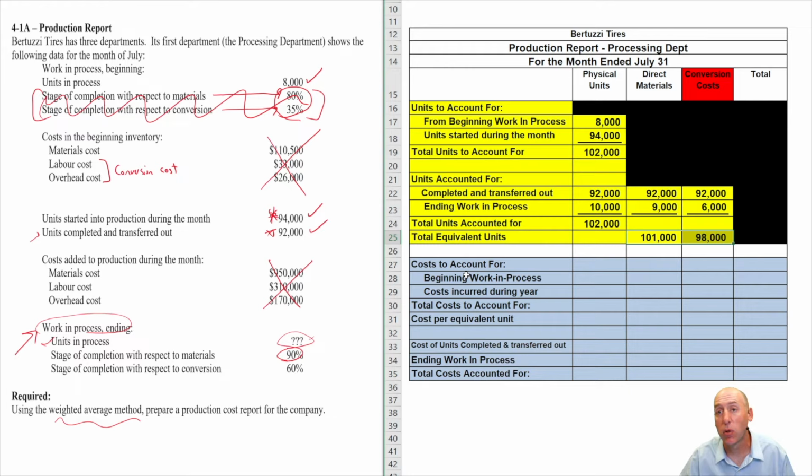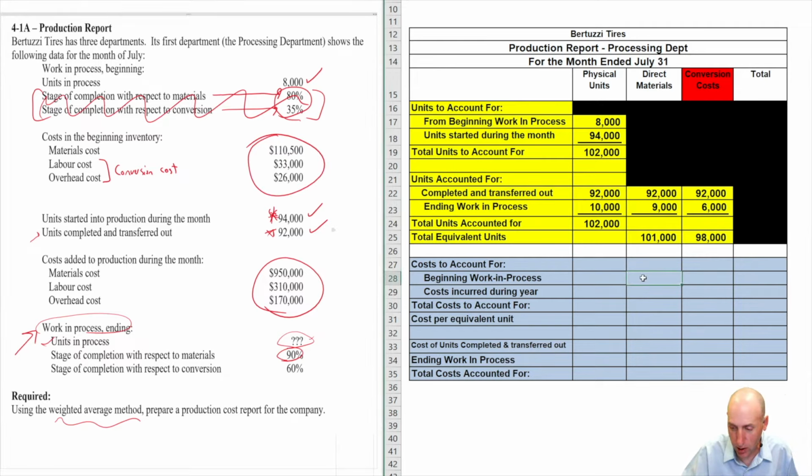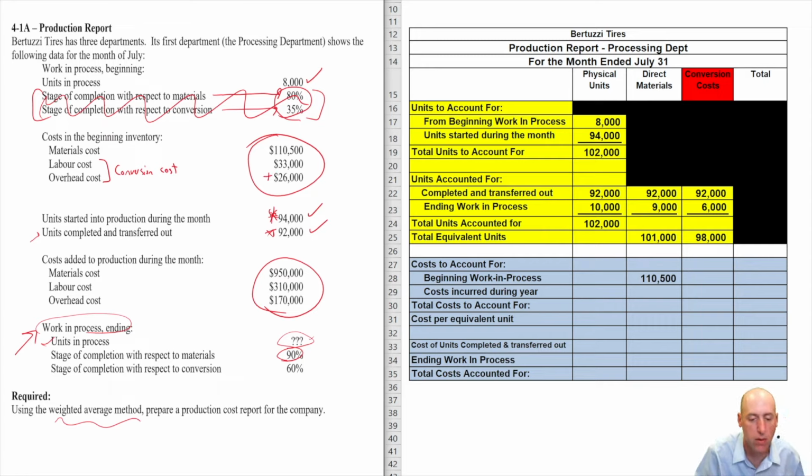Costs. Now we're into the blue section. So let's start with our costs. Now, these are the things I've crossed out that I said you don't cross out, I will. We're just going to work with these numbers. And so our costs in beginning WIP for materials is 110,500. Our cost in beginning WIP for labor and overhead conversion is 33 plus 26, 59,000.